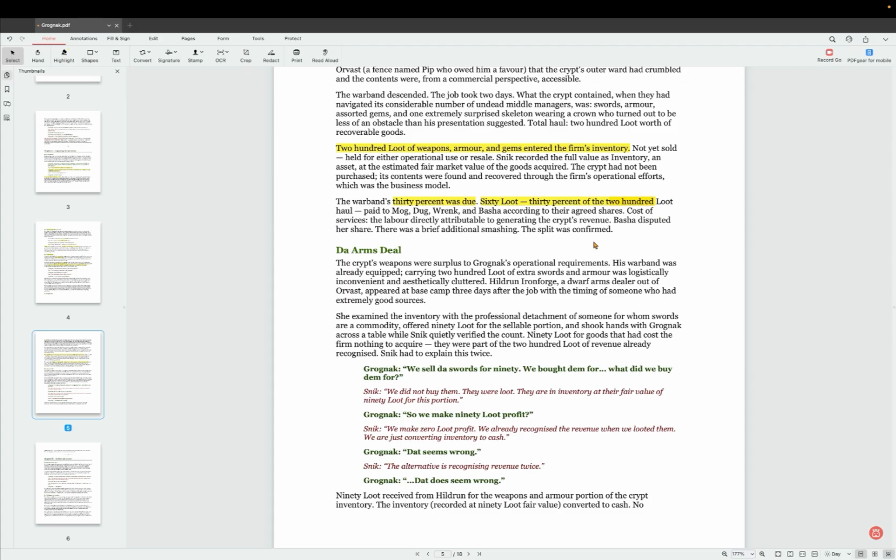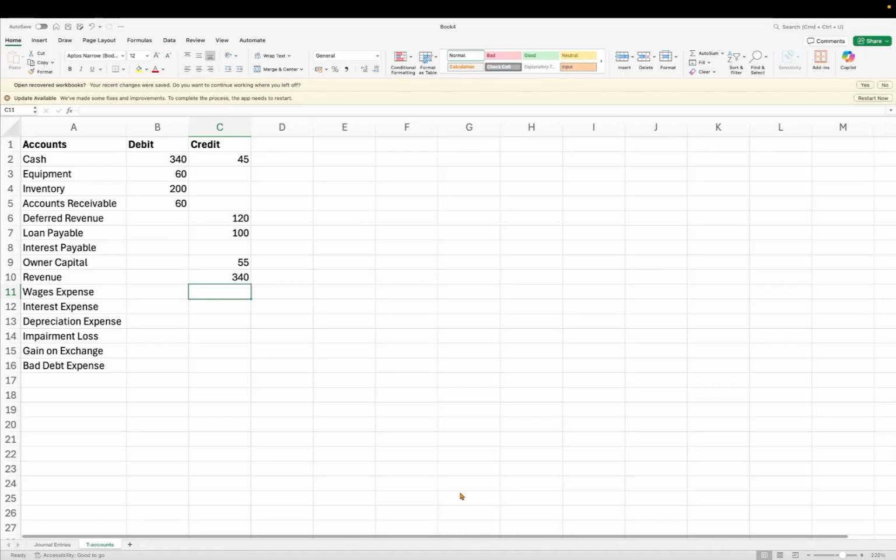This amount is paid to the warband members for the work they performed during the crypt job, for Mock, Duck, Rank, and Basha. These represent the cost of services required to make the firm's revenue. Thus, the business records a wages expense and reduces cash. Recording the journal entry for the warband payment. This explains that the warband receives 30% of the 200 loot recovered from the crypt.